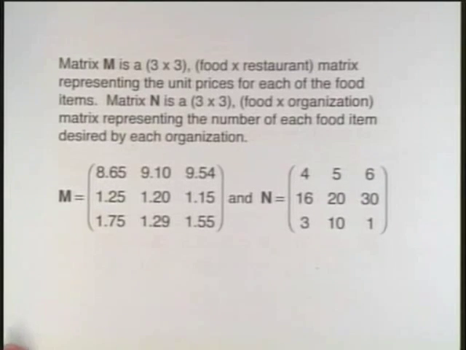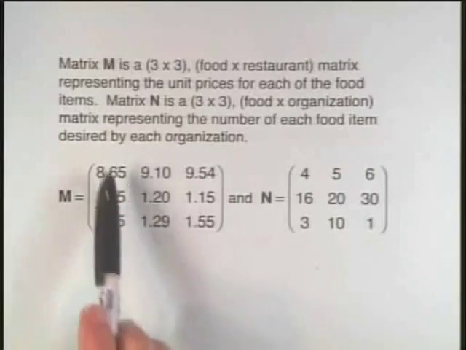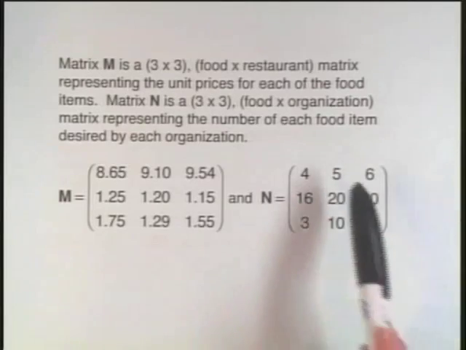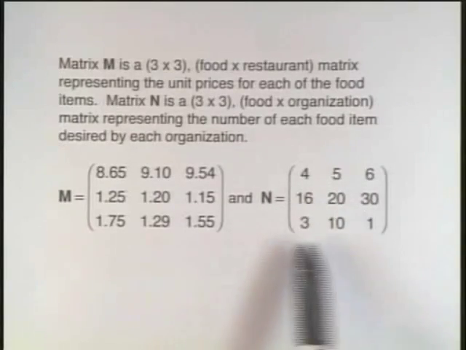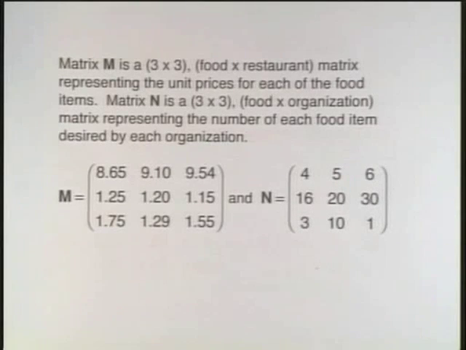Matrix M is a 3x3 food by restaurant matrix representing the unit prices for each of the food items. Matrix N is a food by organization matrix representing the number of each food item desired by each organization.